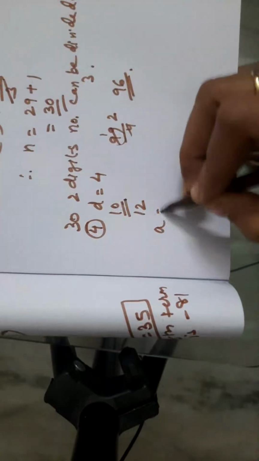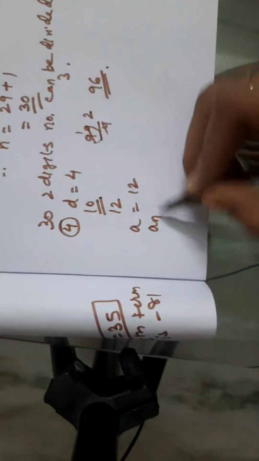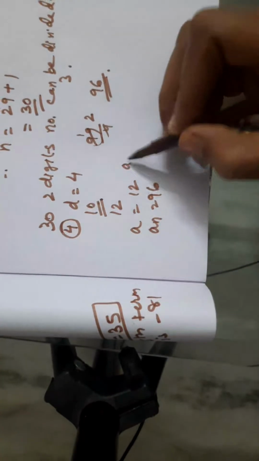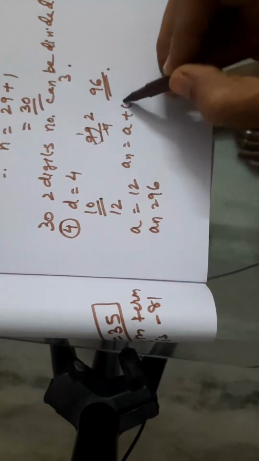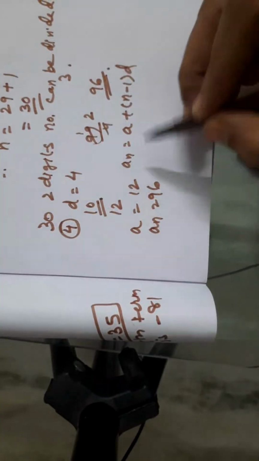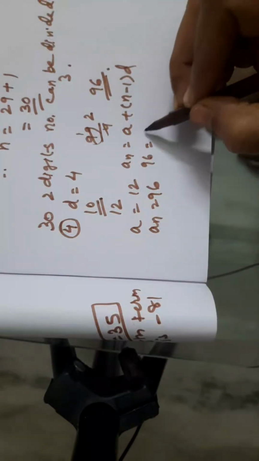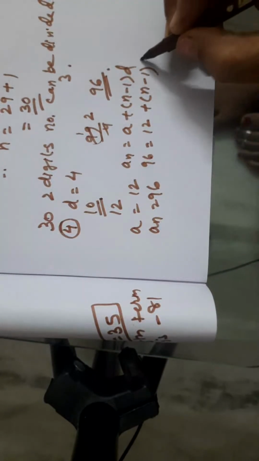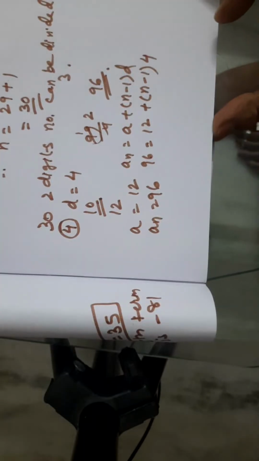Thus we got A as 12, D as 4 and AN as 96. Now put all the values in the equation. AN is A plus n minus 1 times D. AN is 96, A we got is 12, n we need to find out, and the value of D is 4 as we are dividing the number by 4.